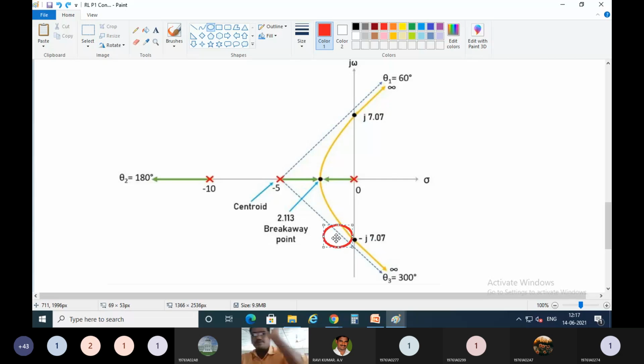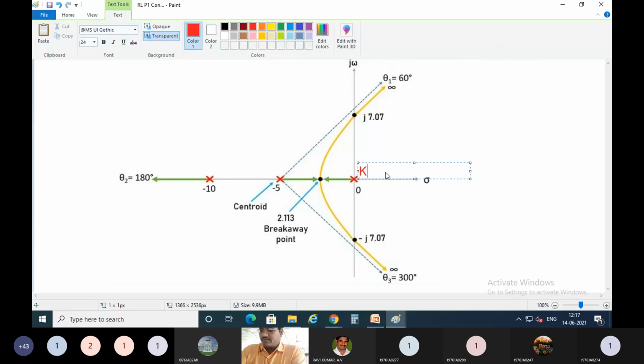After drawing the asymptotes, where are the 3 root locus branches going to start? One root locus branch starts at 0, as I already told you. This is coming towards the left side as k is increasing. You must indicate the k value. Where the root locus starts, that is k equal to 0.